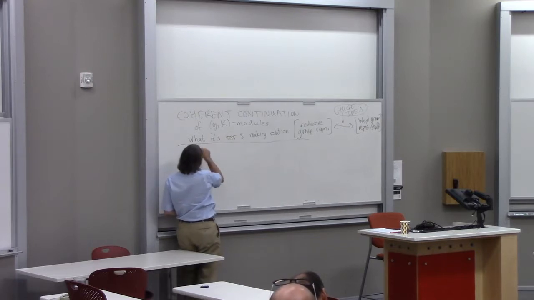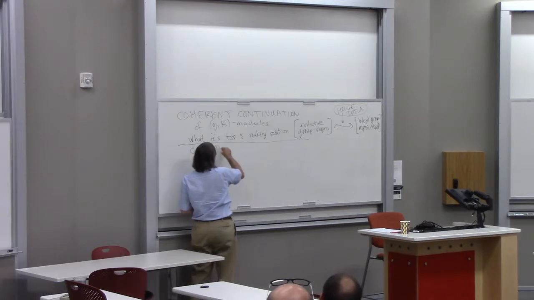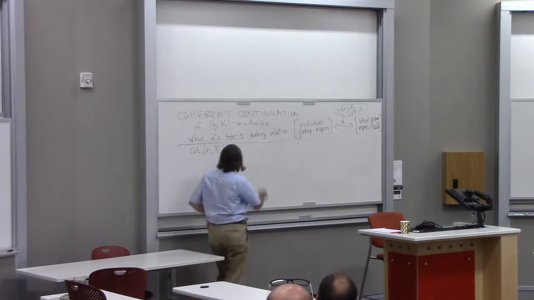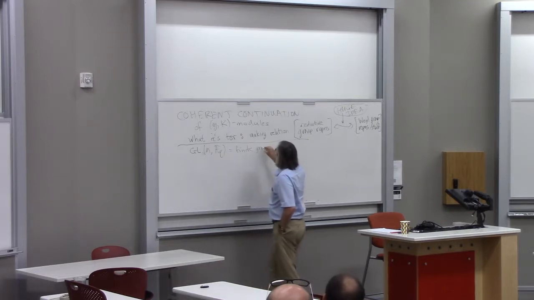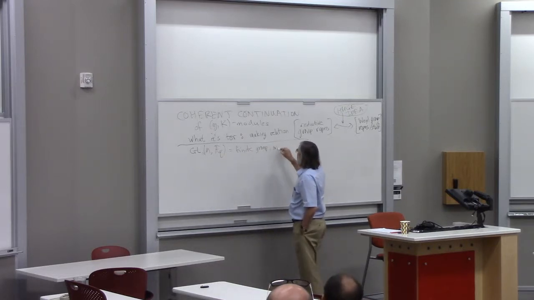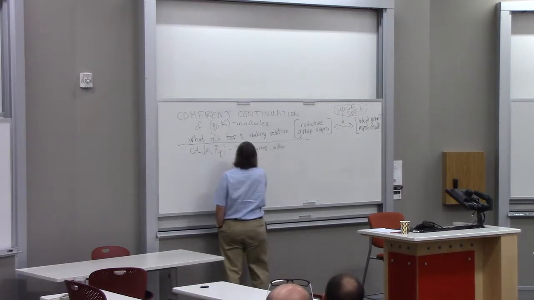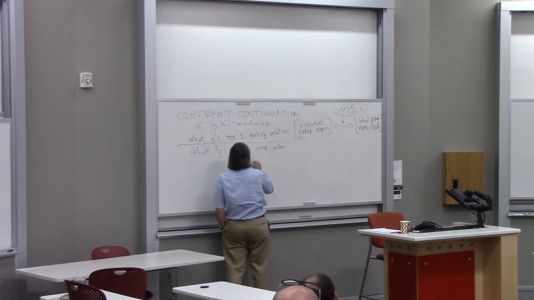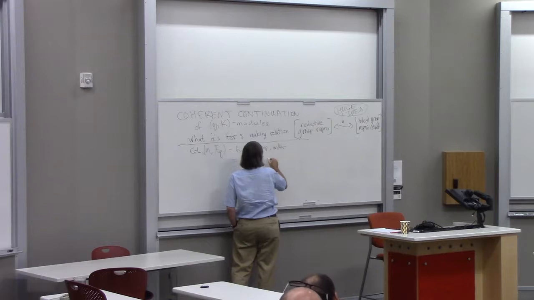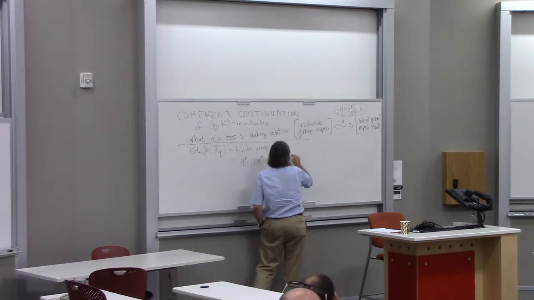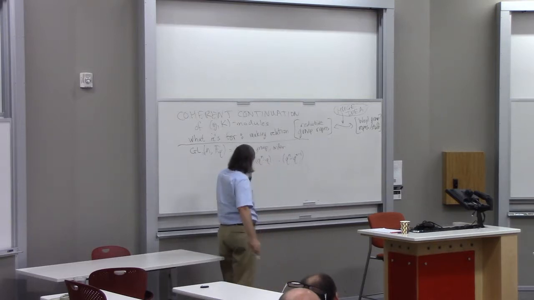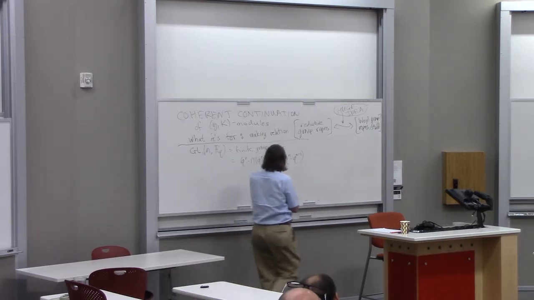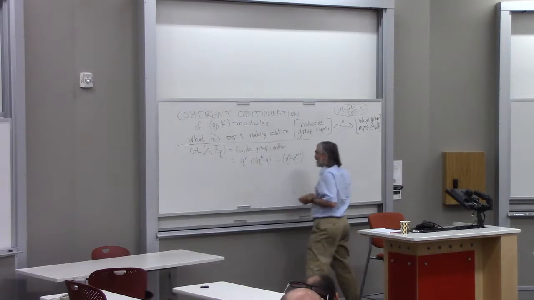So suppose I look at GLN over a finite field. So this is a finite group, and the order of it is q to the n minus 1 times q to the n minus q times q to the n minus q to the n minus 1, and you can rewrite this in a bunch of ways.